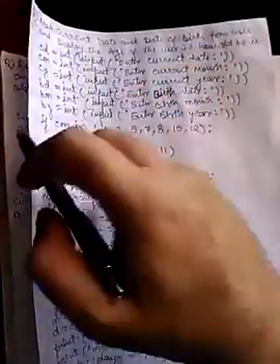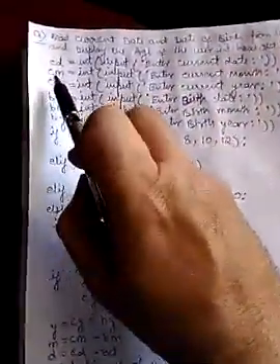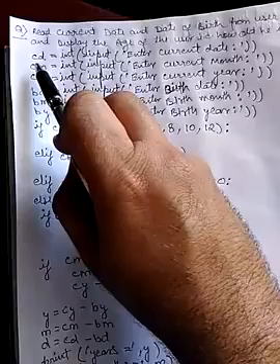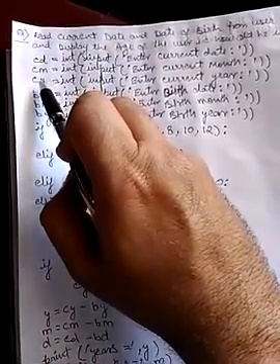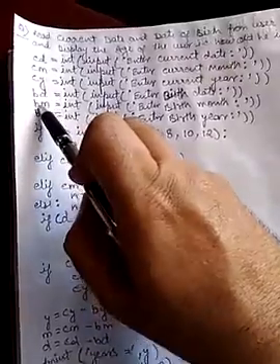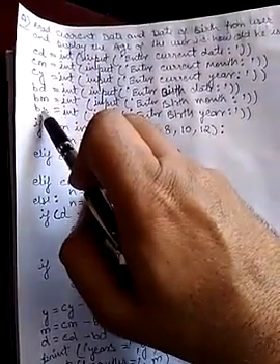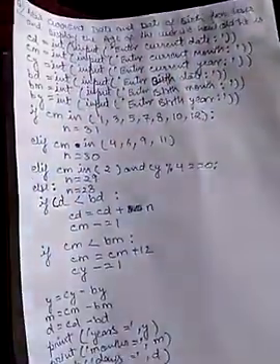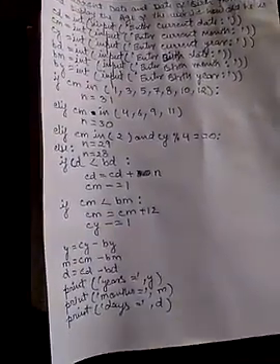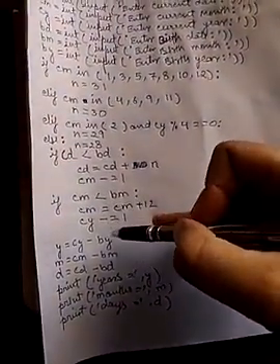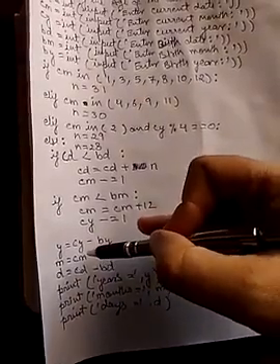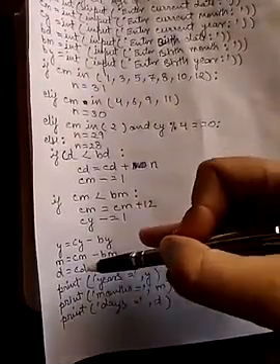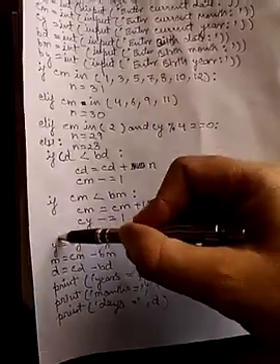So first we have read the current date, current month, current year. Now we have read birth date, birth month, birth year. The logic was to subtract the birth year from the current year, birth month from the current month, birth date from the current date. This is the main logic.